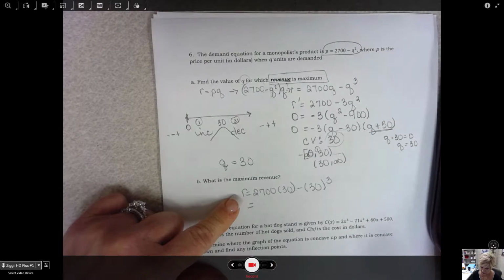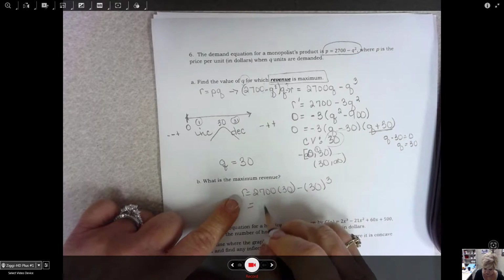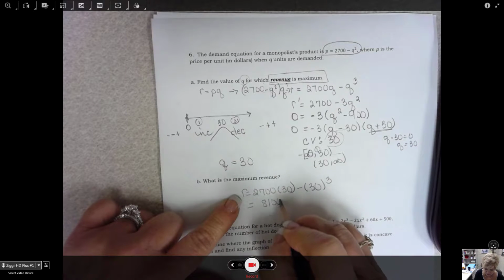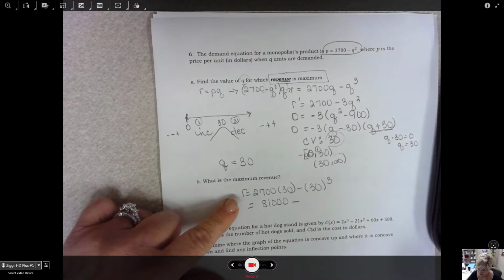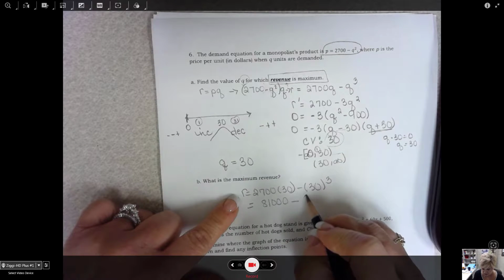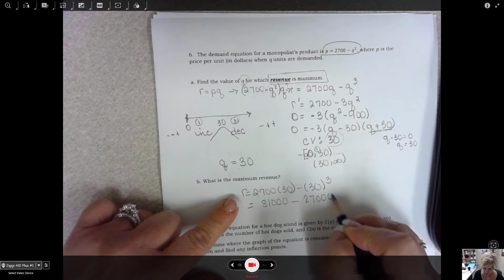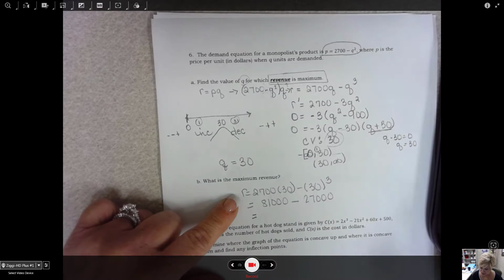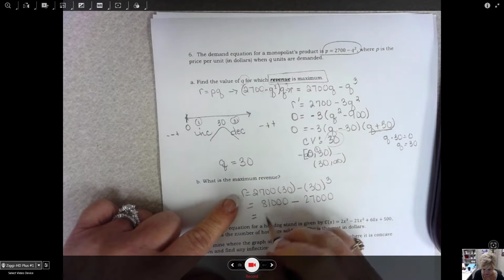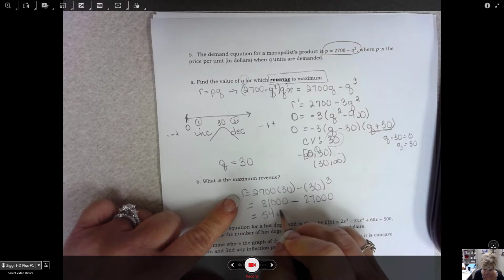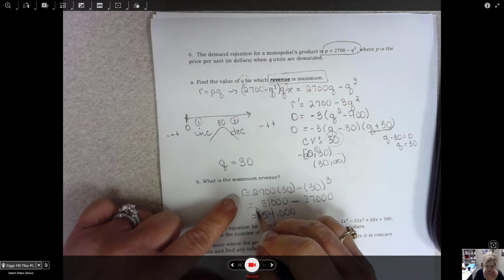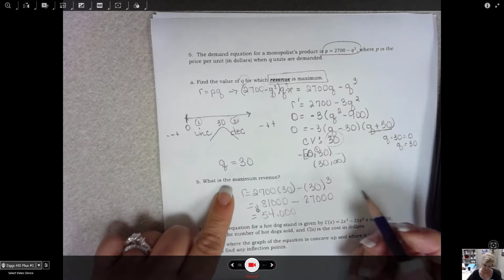And according to my calculator, I would have 81,000 minus 30 cubed, so minus 27,000. My revenue would actually be 54,000. $54,000 when Q is 30.